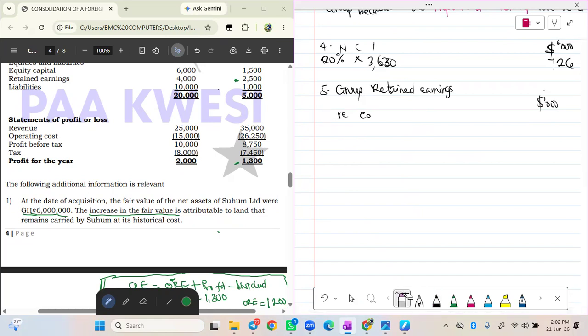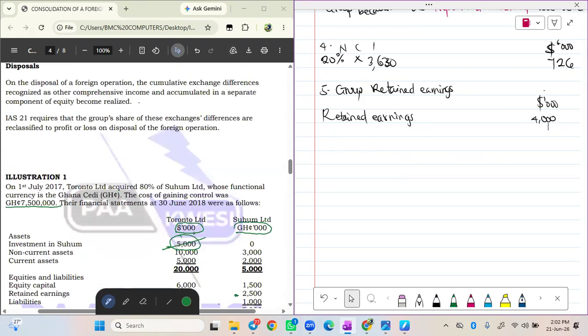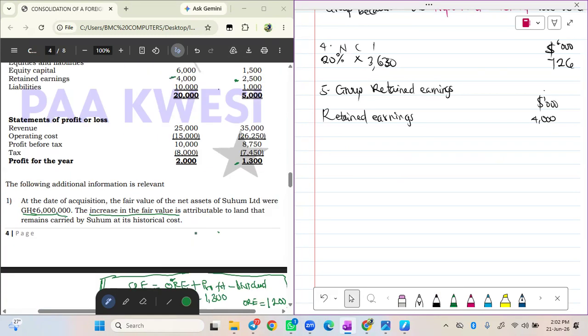Retained earnings of the parent. The retained earnings of the parent was what? 4,000. Look at the statement here. And the 4,000 was in dollars. If you want to confirm, here it is. Dollars. Okay. Right. You add the share of post profit workings too.